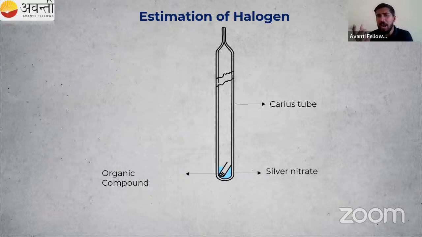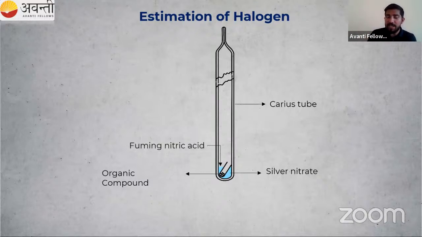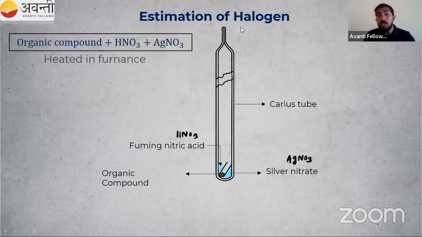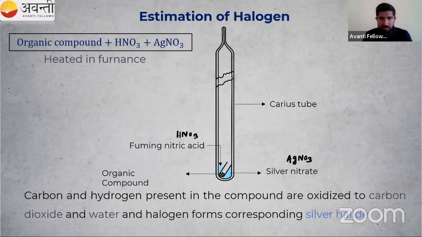What else is added to this Carius tube? The organic compound is added, then fuming nitric acid, HNO3, then silver nitrate, AgNO3. The organic compound plus HNO3 plus AgNO3 is heated in a furnace. Then what is formed? Again, it is similar to qualitative analysis.